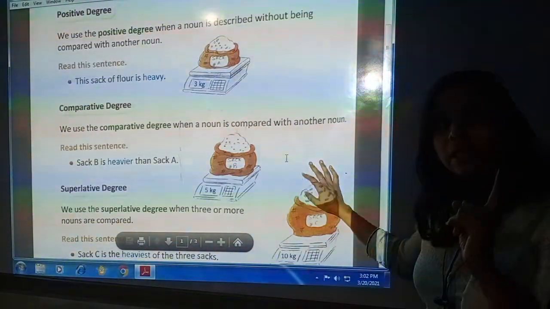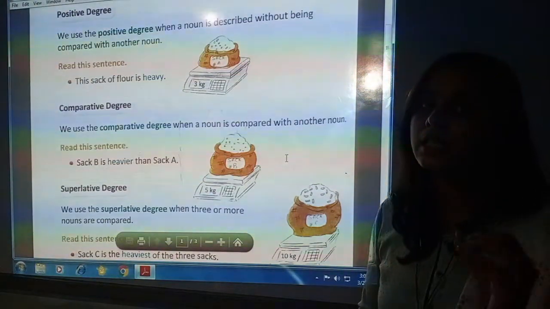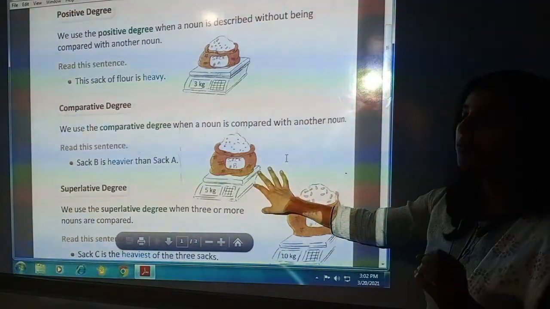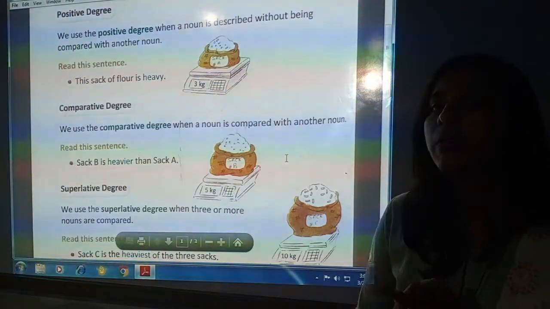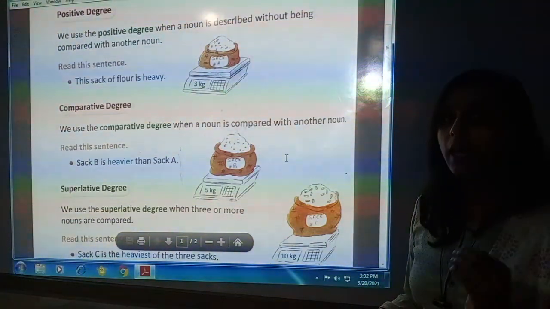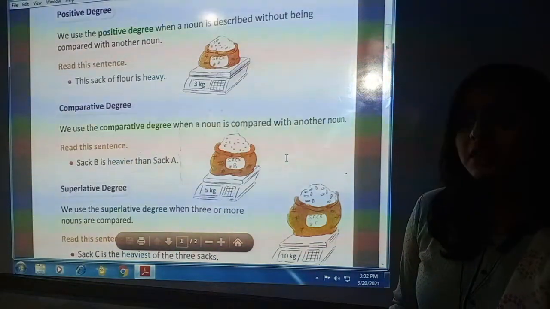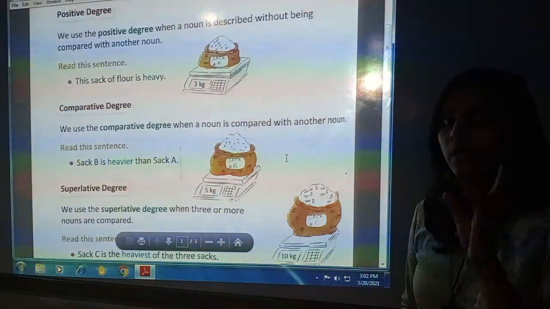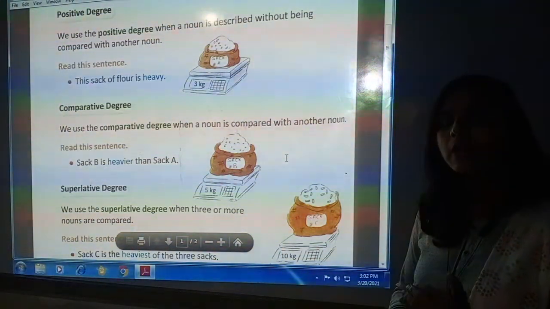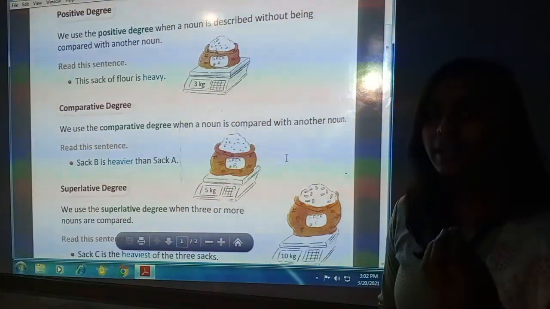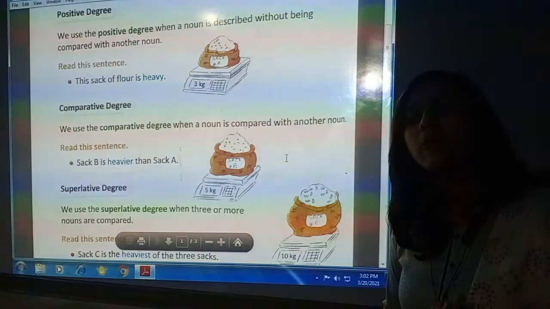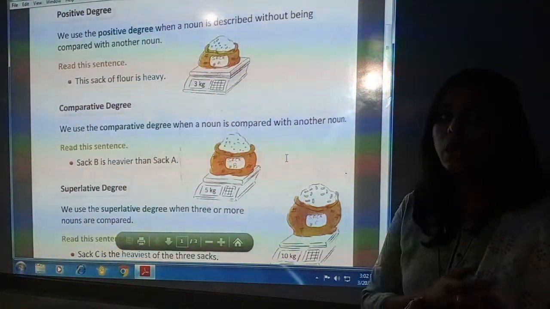When the comparison is done between two things, there we will use comparative degree. In positive degree, comparison is not done and the adjective is given only about one noun. Clear? In comparative degree, two nouns are used for that common adjective and the comparison is done between those two nouns.